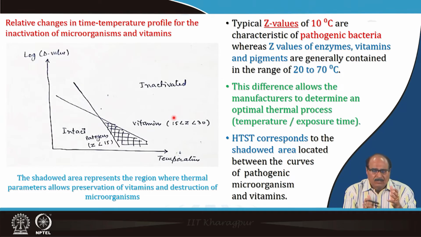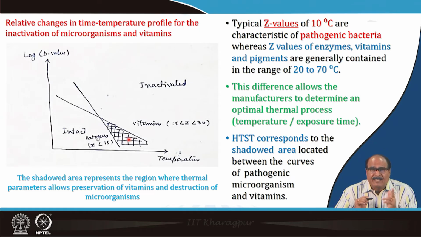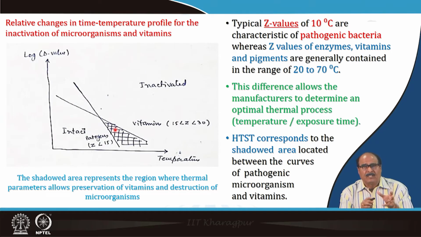The shaded line corresponds to the HTST, high temperature short time process, because in this most of the pathogens are inactivated. This is the pathogen destruction line, and this is the microbial retention line. In this region the vitamins, enzymes, etc. are retained, but the pathogens are active. So this is the high temperature short time process.